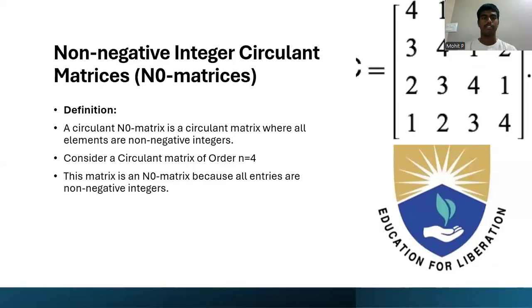Now, non-negative circulant matrices N0. This is a common example, a 4 by 4 matrix. A circulant N0 matrix is a circulant matrix where all elements are non-negative integers. Consider a circulant matrix N of order 4, so it's a 4 by 4 matrix. The matrix N is an N0 matrix because all the entries are non-negative integers.